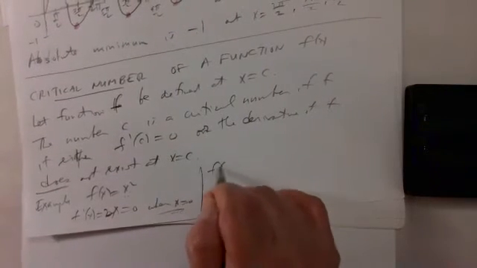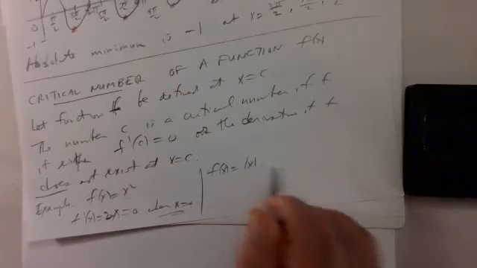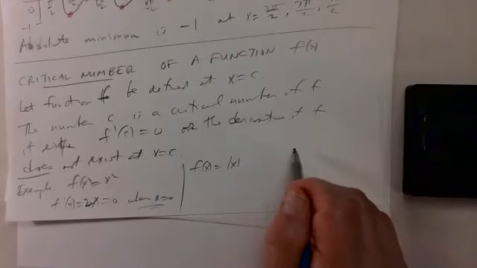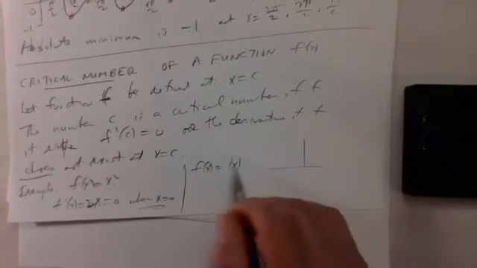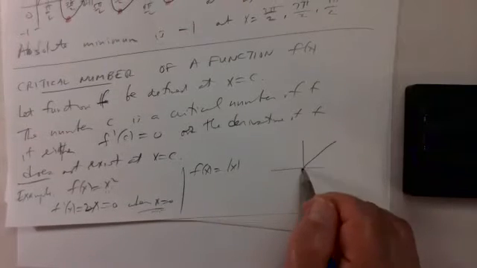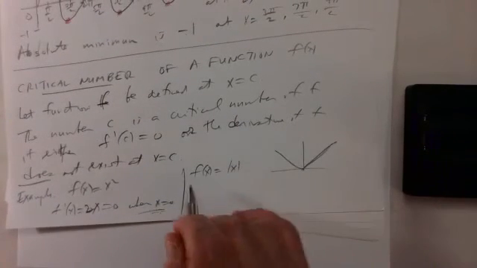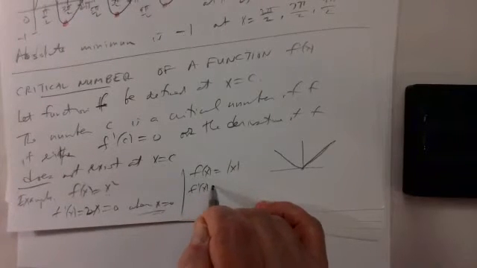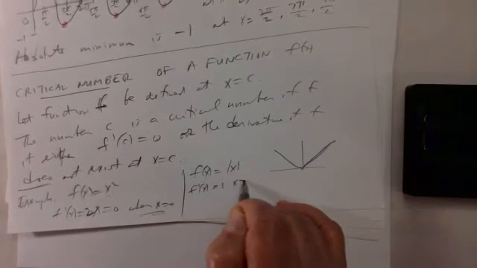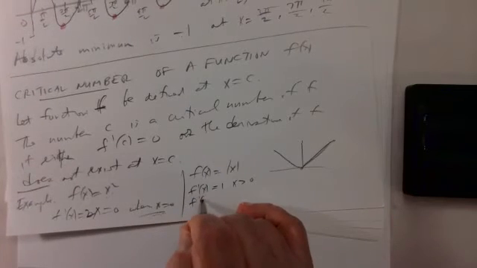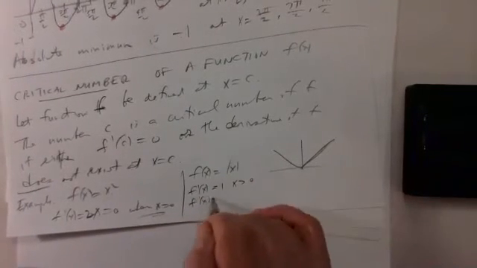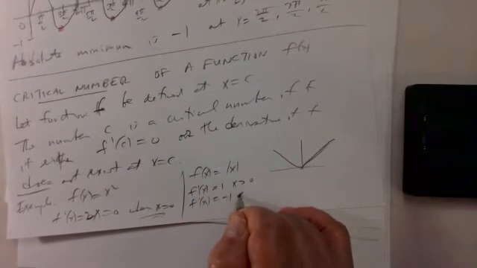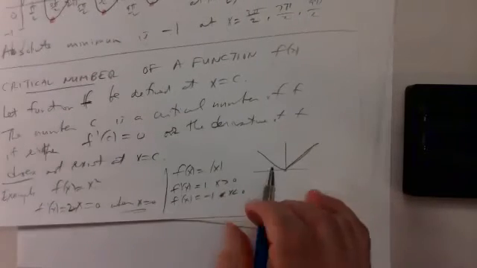If you have the function f of x equals the absolute value of x, what does the graph of that look like? It's just this function. So we know that f prime of x is 1 if x is bigger than 0. f prime of x is minus 1 if x is less than 0.